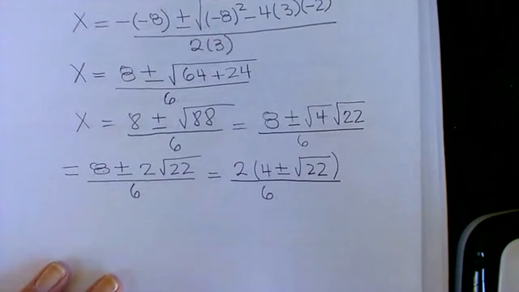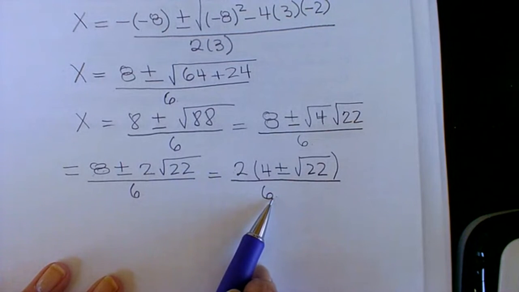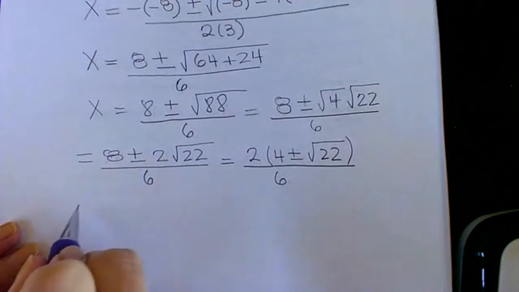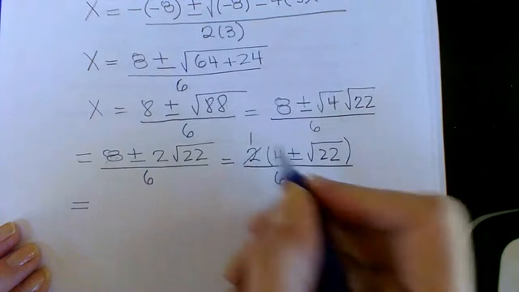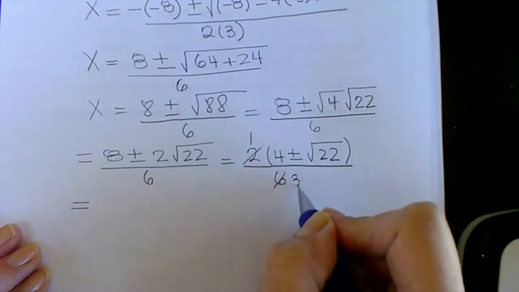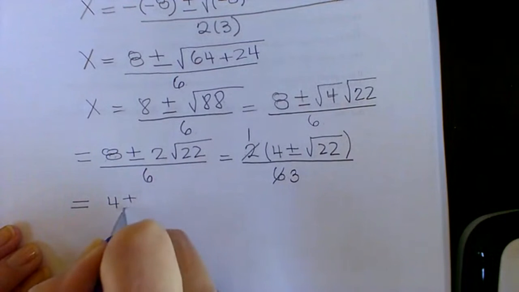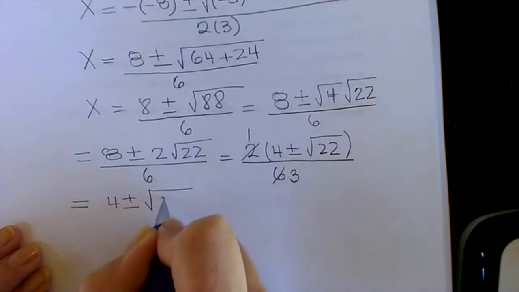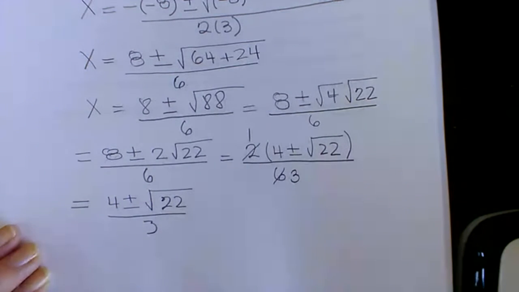Now, I can simplify here the 2 and the 6, right? That's going to be 1 and 3. So I'm going to have 4 plus or minus the square root of 22 divided by 3.